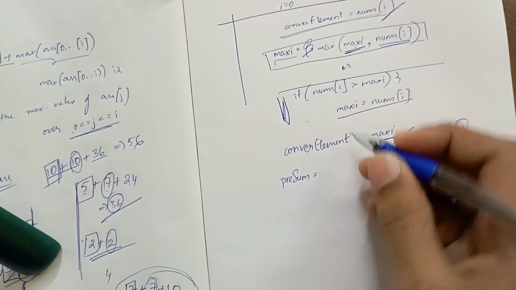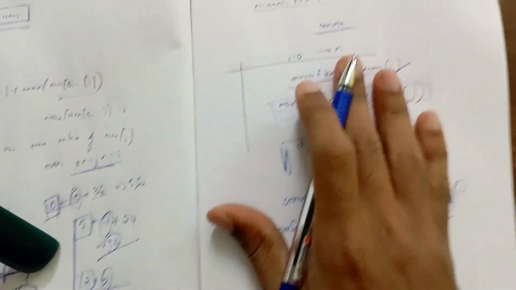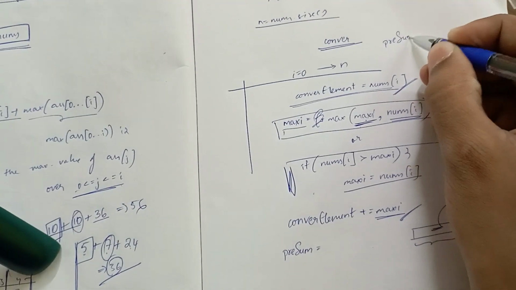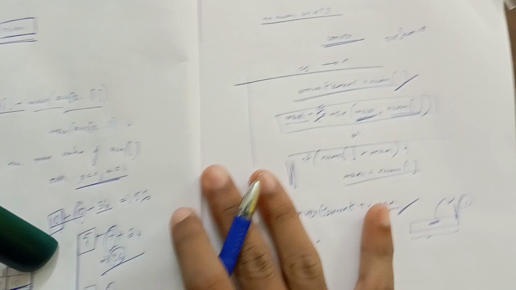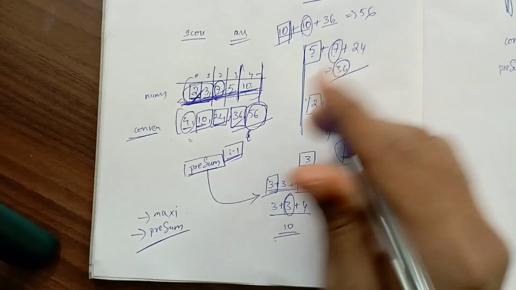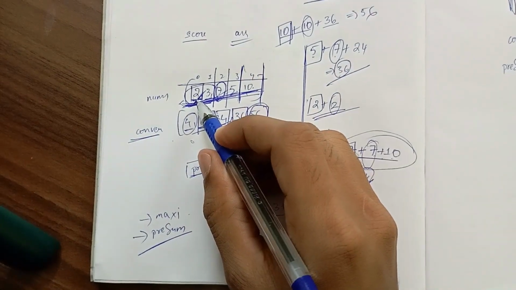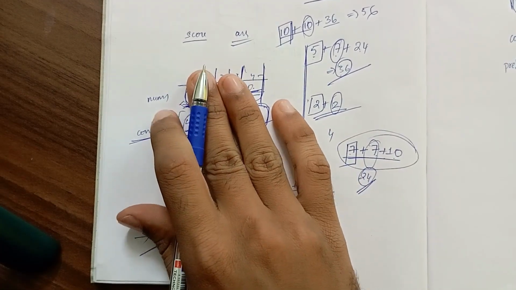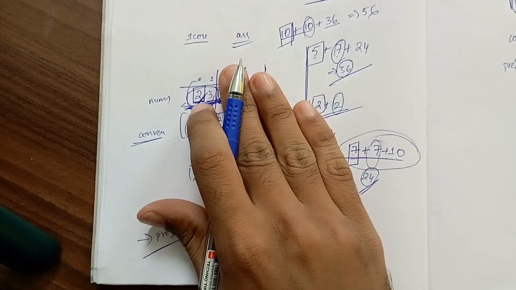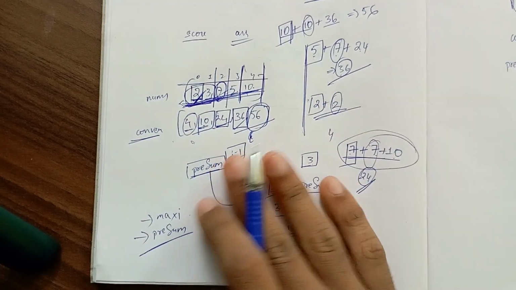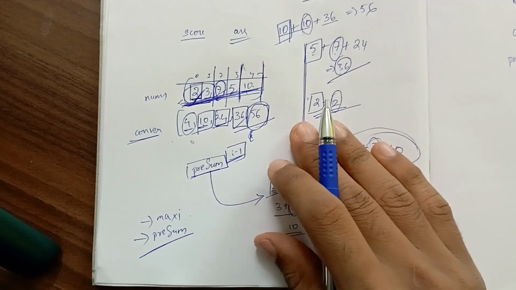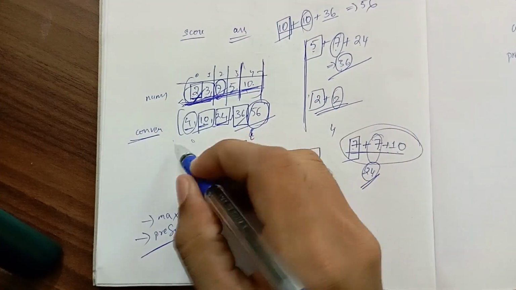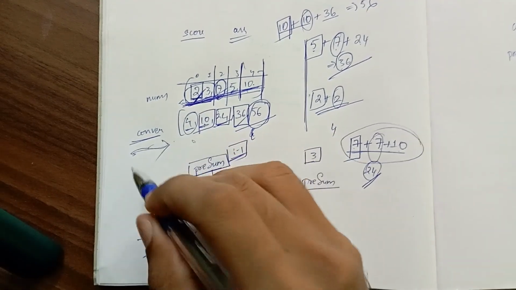prefixSum. Up to now, when we iterated from 0, it will be initially 0. See at this thing, 2 is the prefixSum. Before that, 0 is the prefixSum. When we get to 2, it is the prefixSum. And then the prefixSum will be the conversion elements eventually.